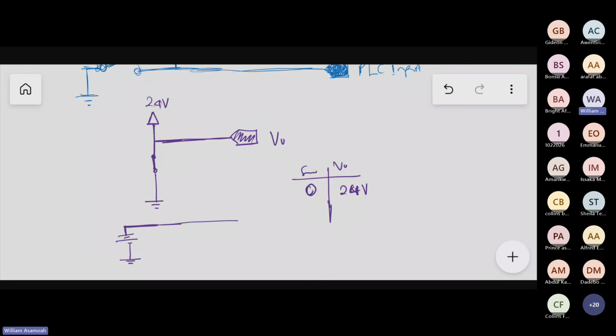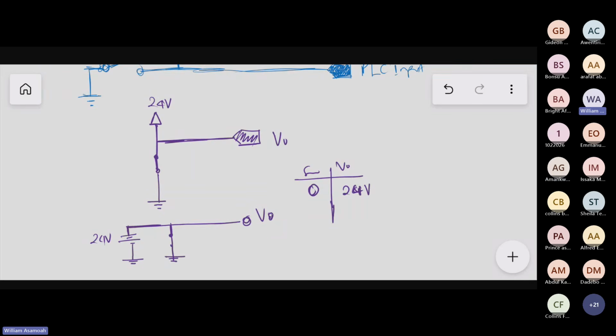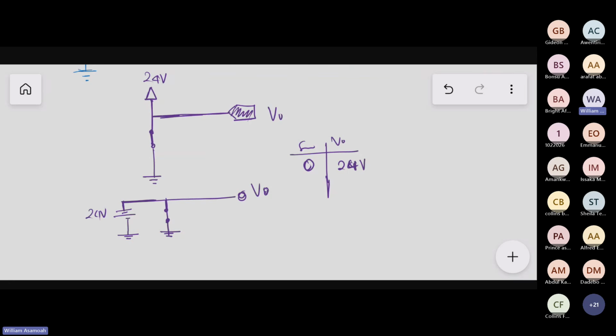Then it's supplying a V out and we've shorted it. So will there be a voltage output? If we close the switch, will there be a voltage output? Yes or no? No. Hello?